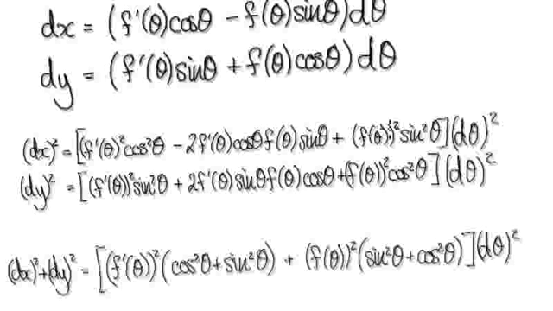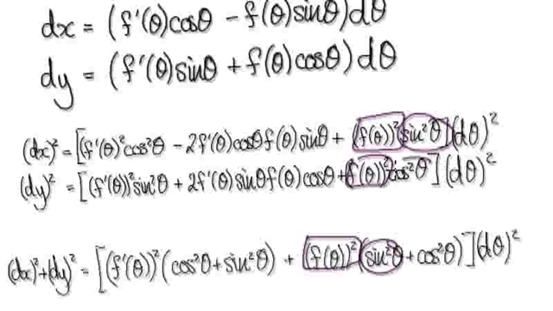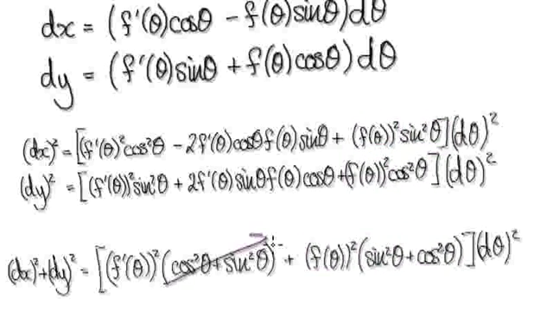And then if you look at this here, you can factor out the f of theta squared, and then you've got sine squared plus cos squared. Remember, this becomes 1.